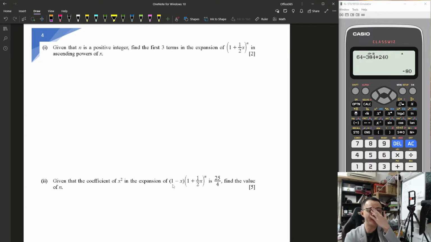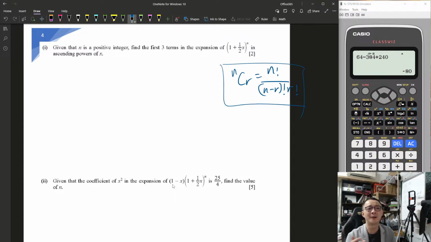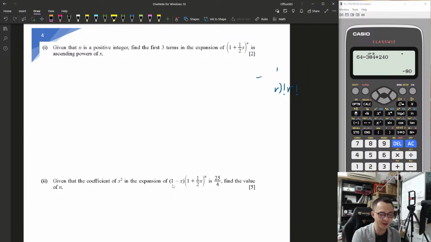So this one maybe needs the formula just now. nCr equals n factorial over n minus r factorial and r factorial, isn't it? Yeah, we kind of need to use this formula if the unknown is n, unless it's a very simple question, then maybe we can straight away do it.